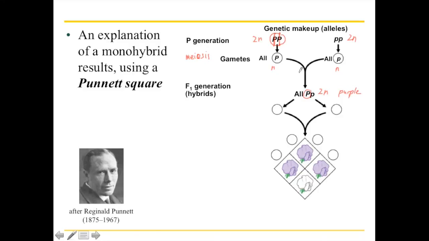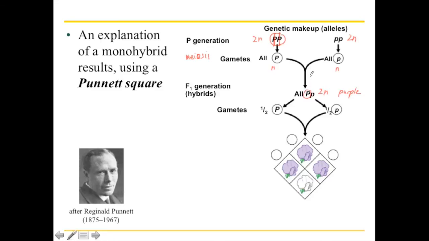Purple is dominant, which means everybody here is purple. Right? The capital P literally overshadows the little p. So even though the little p is here, you can't see it. And so the dominant overpowers the recessive. Now when you then produce gametes from this, there are two options now.